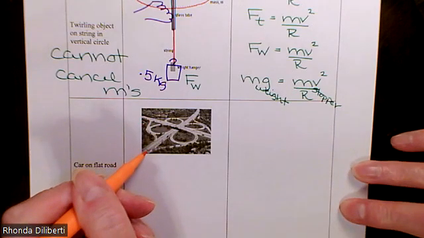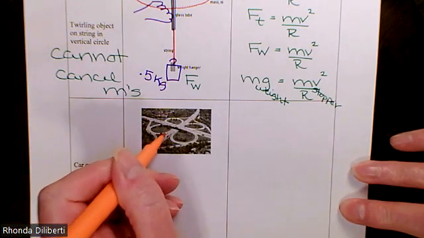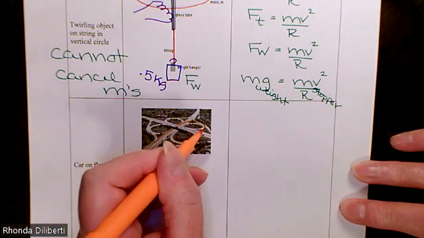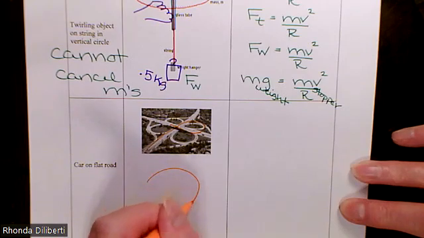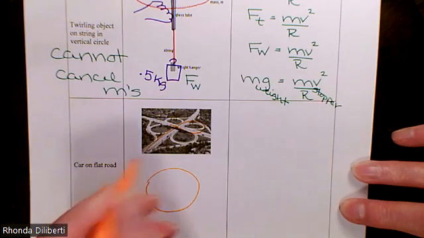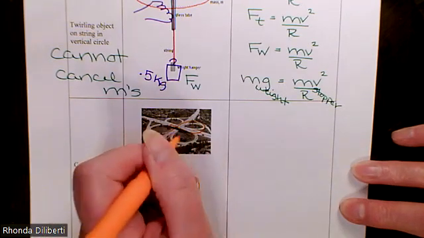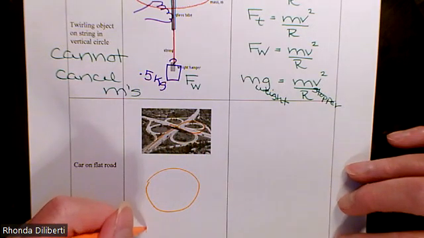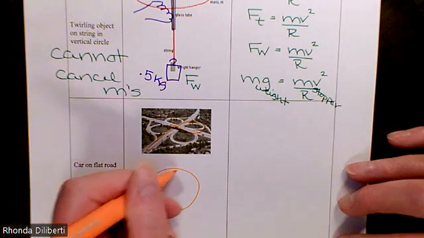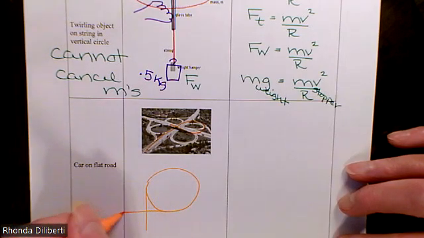So maybe here's a freeway, and you've seen clover leaf exit ramps before. It's like a circle. So let's draw the circle of that clover leaf exit right here, okay? So we have this road coming like this. We're going around the circle, and then our goal is to go this way.